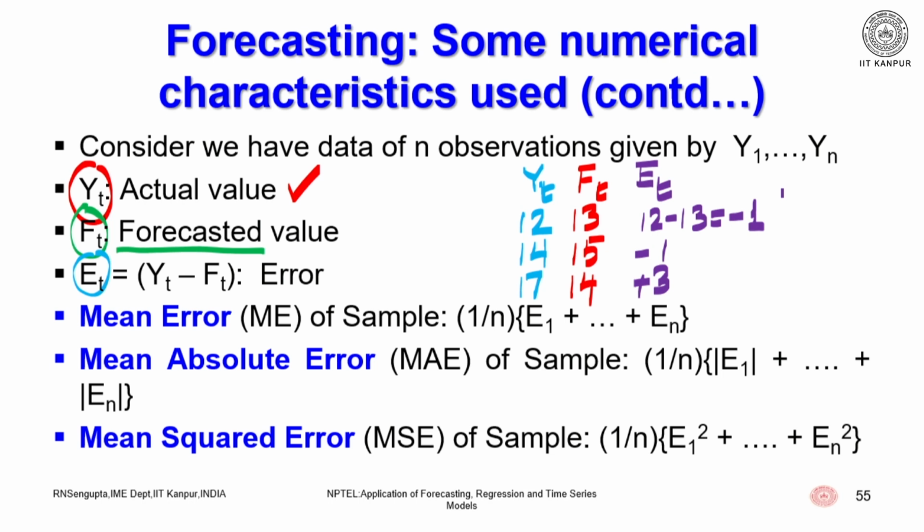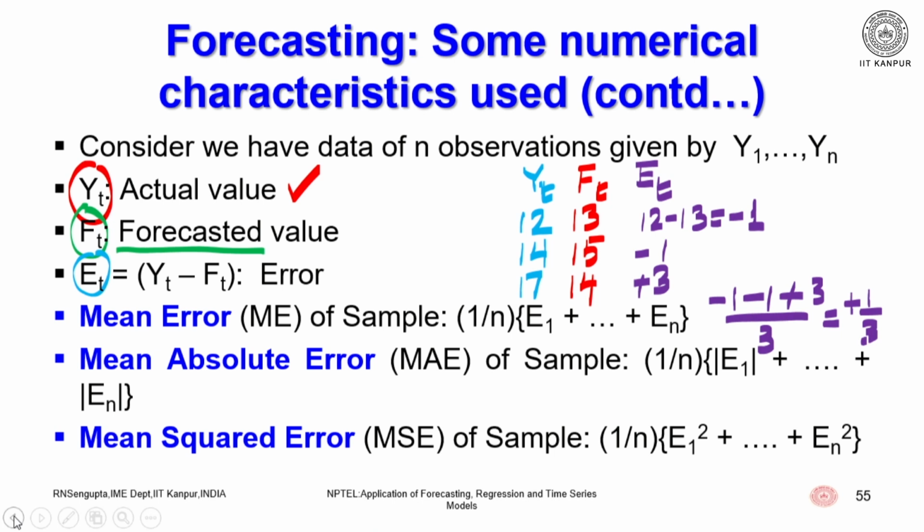So, the mean error here I will denote as minus 1 minus 1 plus 3 by 3. So, it will be basically plus 1 by 3. This would basically be the idea of mean error.